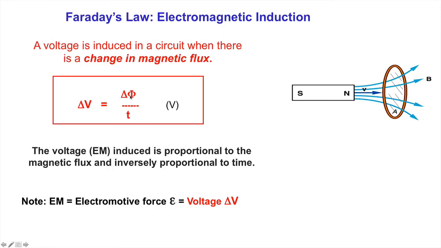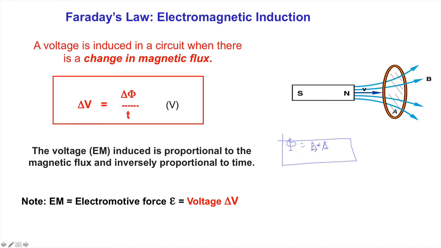But before I go further, how do you normally calculate magnetic flux? The magnetic flux is equivalent to the strength of the magnetic field multiplied by the area. There is an angle involved, but we're not going to touch that; it involves some trigonometric function, but we don't go that far. So here you have this flux.